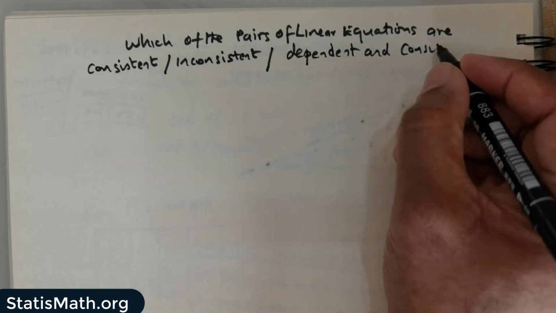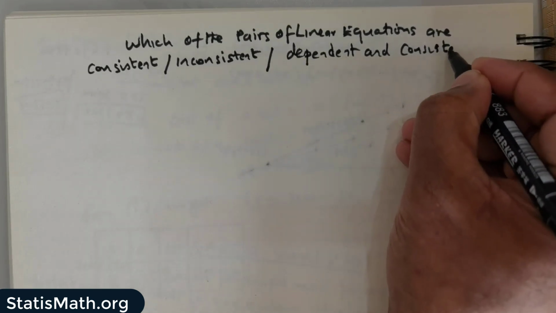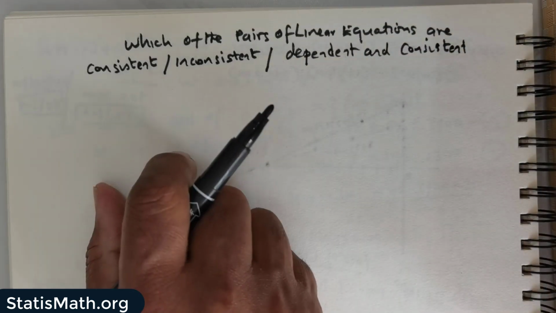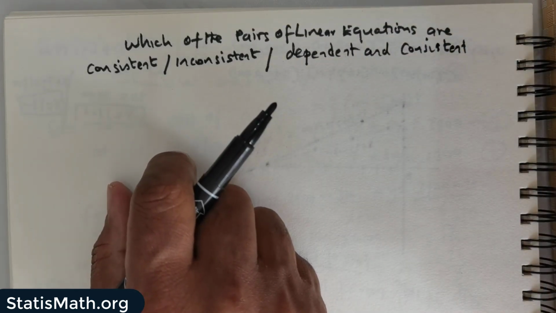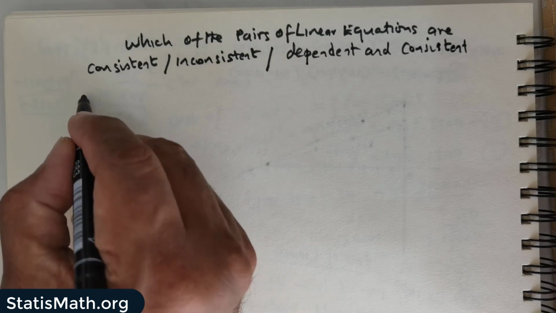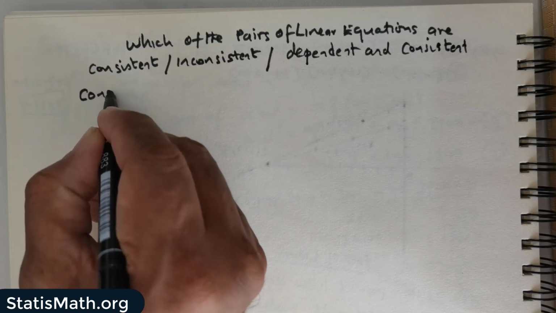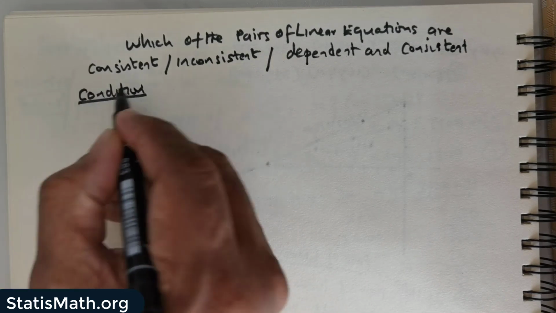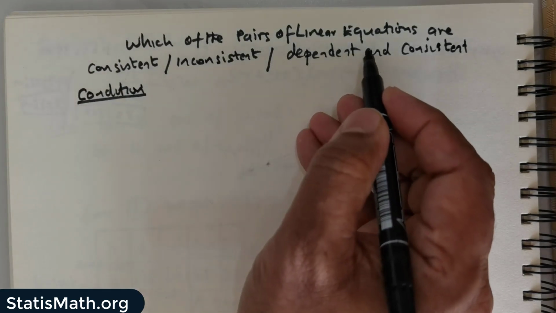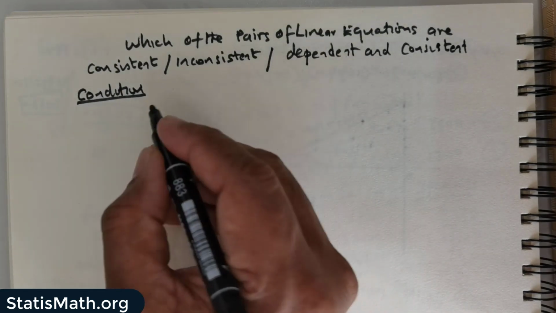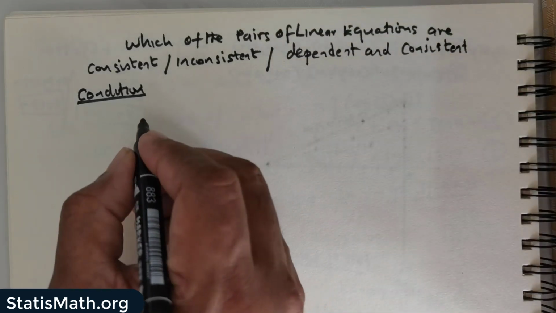This is also an important categorization. So let me give you the conditions under which the system or the pair of linear equations can be termed consistent, inconsistent, or dependent and consistent.